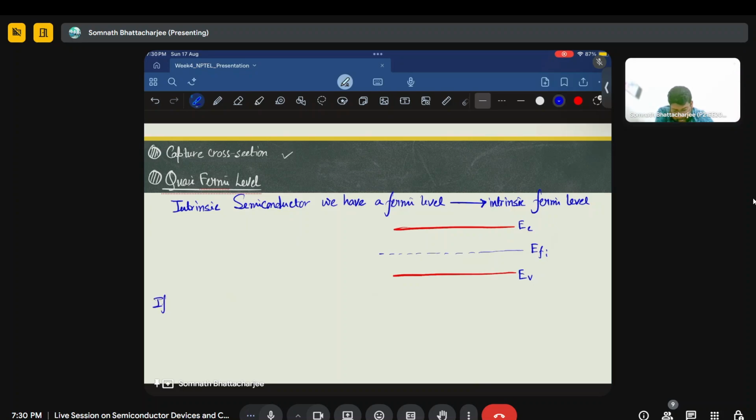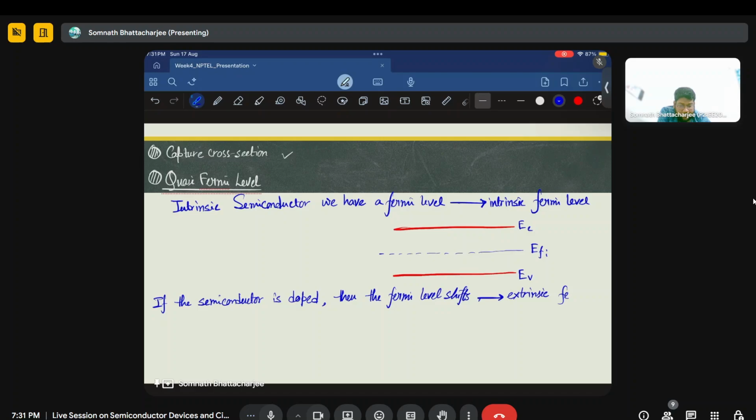If the semiconductor is doped, then the Fermi level shifts. The shift is based on whether it is N-type doped or P-type doped, but the Fermi level shifts, and this is called the extrinsic Fermi level or just the Fermi level.